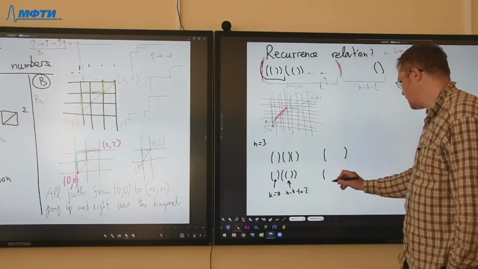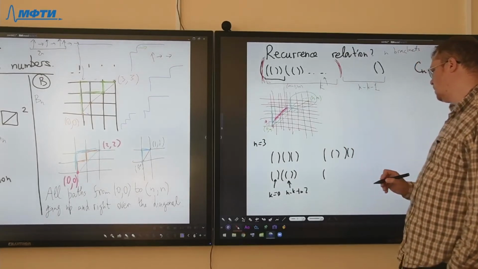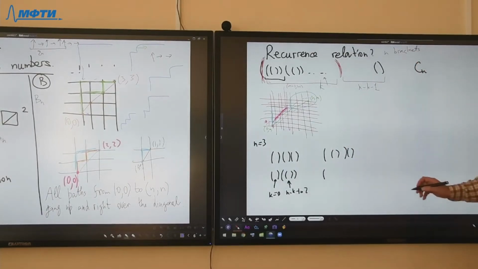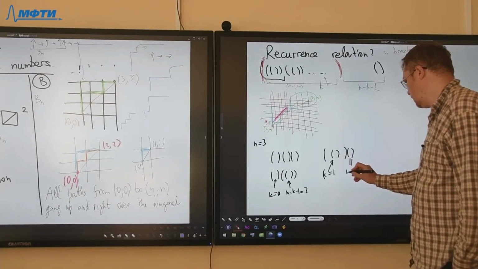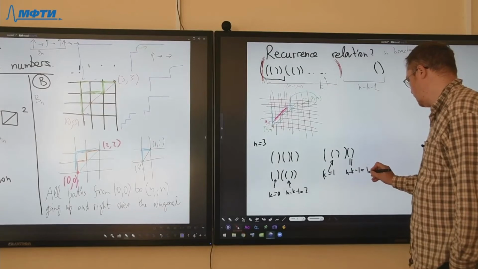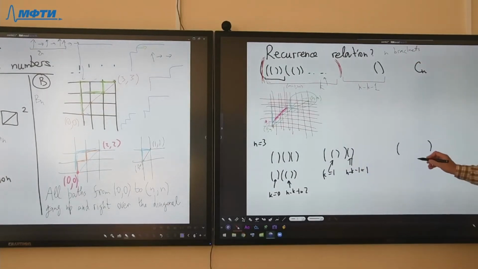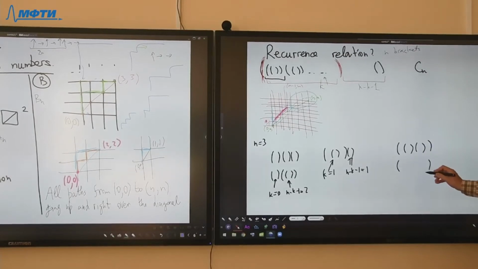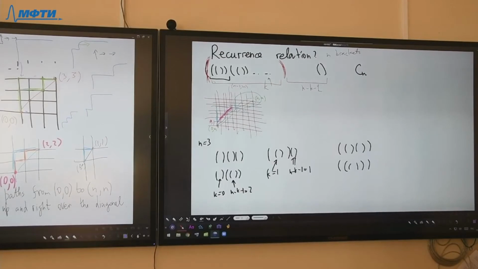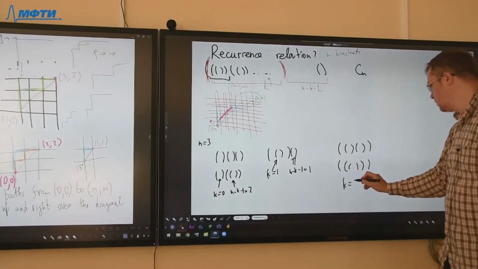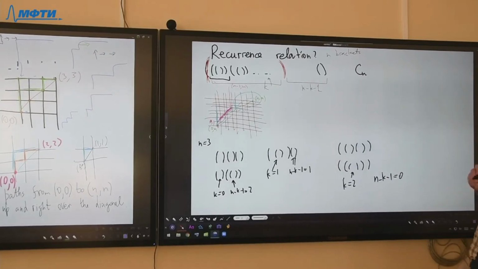The first bracket can end here, and here with only one possible situation, k equal to 1 and n minus k minus 1 equal to 1. And here we'll have two possible situations, and this means that k is equal to 2 and n minus k minus 1 is 0.